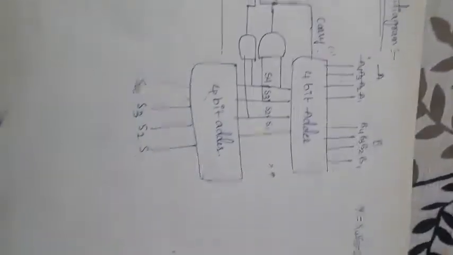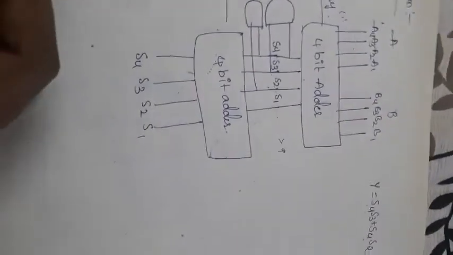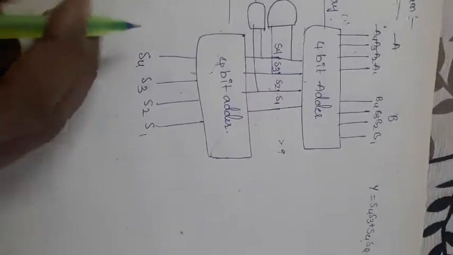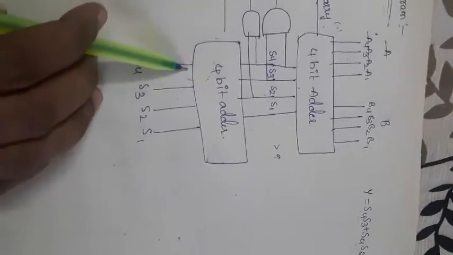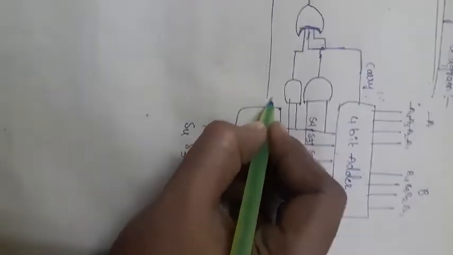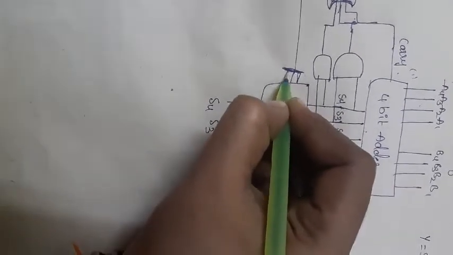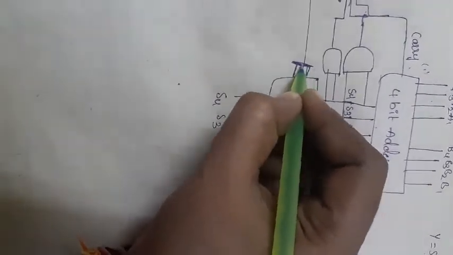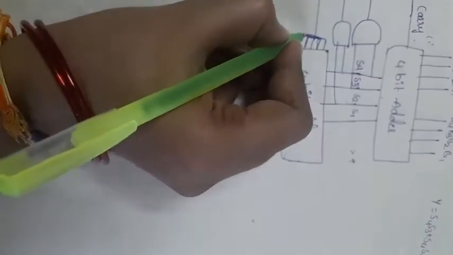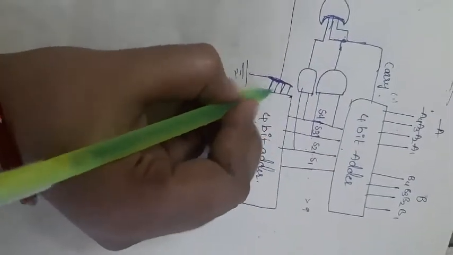Now let's see how to add that 6 to this number. Here I am considering this as a 4-bit adder, and this output logic I am connecting like this. I am connecting this output in two ways. Why am I connecting like this?